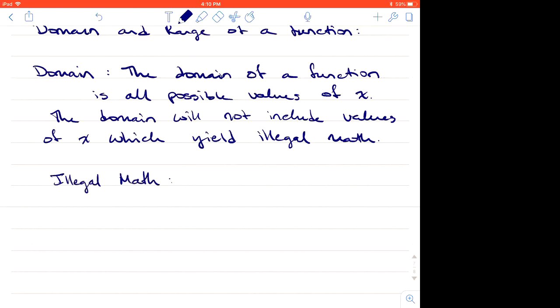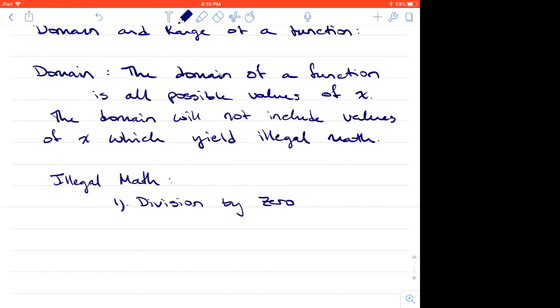I won't write it down because I think when we say it, it makes more sense. But prime is a type of number, only divisible by 1 and itself. Who cares? I know. Illegal math. Number 1 offender, division by 0. So if you have an x, doesn't necessarily mean that x is 0, but it just means that if you have an x that makes division by 0, it's out.